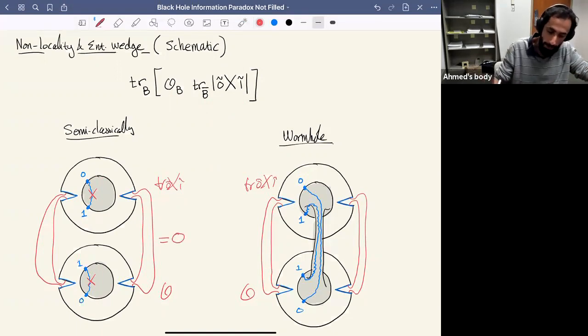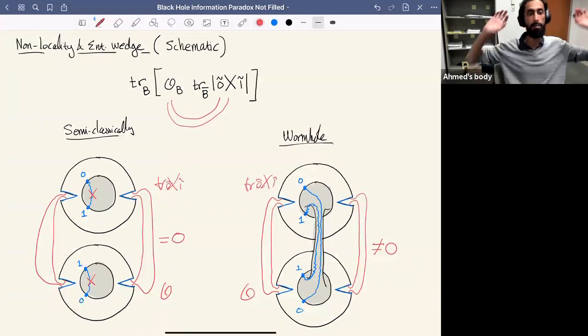But if you allow for connections between the operator and the state, like this thing here, a wormhole connecting like that, then you can get a contraction between the 1 of the operator and the 1 of the state, and the 0 of the operator and the 0 of the state. So this thing in general is not equal to 0. So it indeed can offer a transition between these two states, even if this operator is acting far away in the bath region.